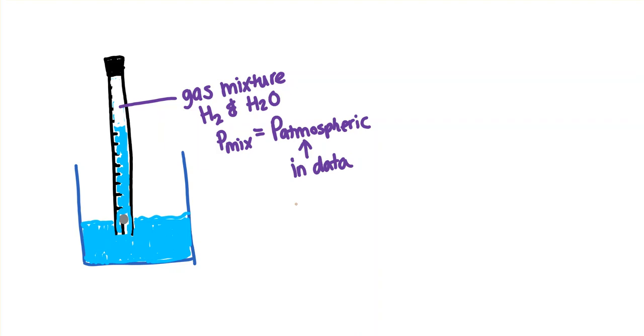So let me tell you a little bit about how you're going to get the pressure that you need. Remember Dalton's law. The one that we need is this one: the pressure of just the hydrogen, the partial pressure of hydrogen. The atmospheric pressure is your total, and as I said, this one will be in the data.